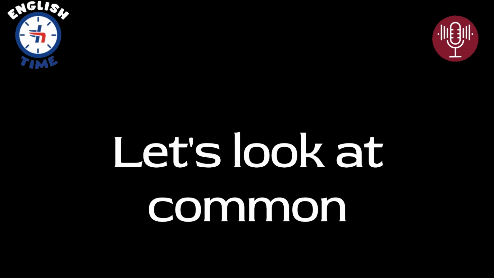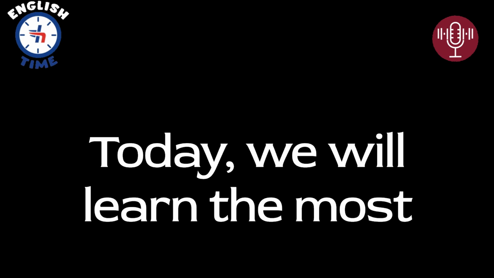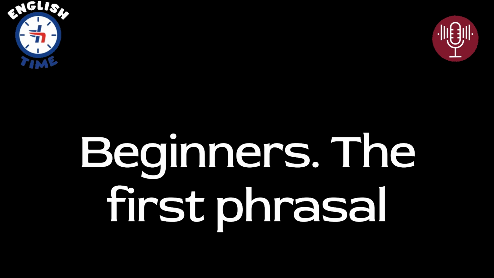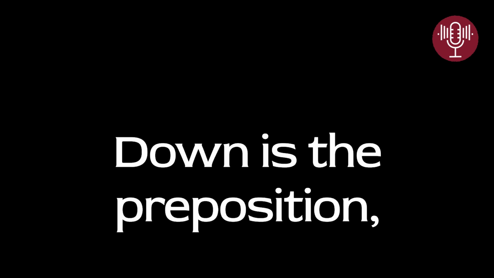Let's look at common phrasal verbs in English. Today we will learn the most common phrasal verbs for beginners. The first phrasal verb today is slow down. Down is the preposition.